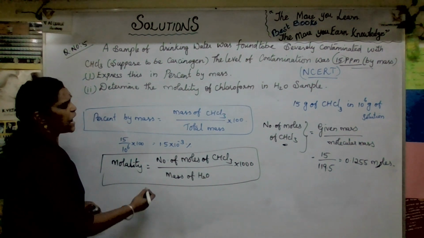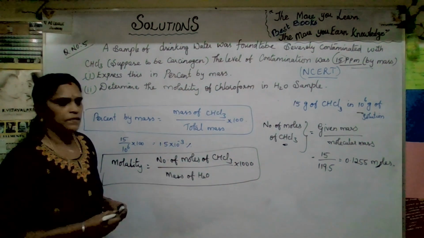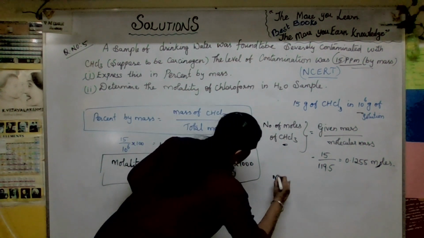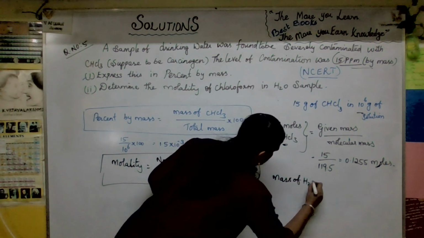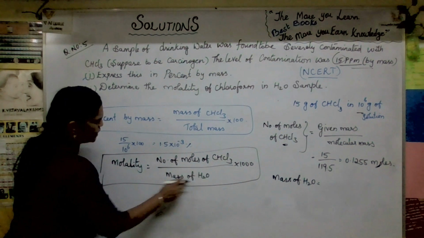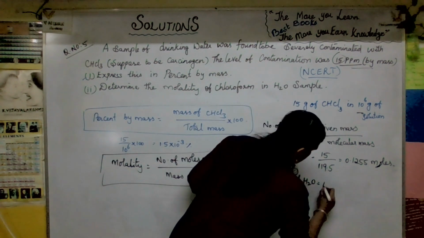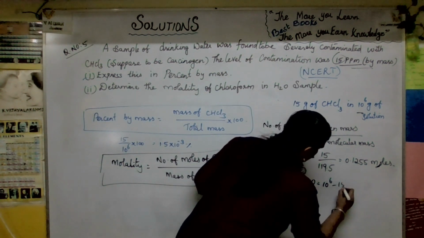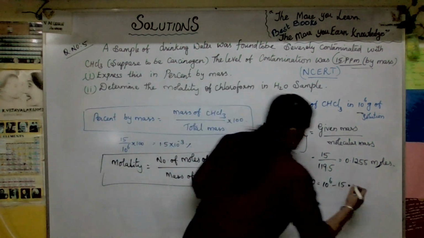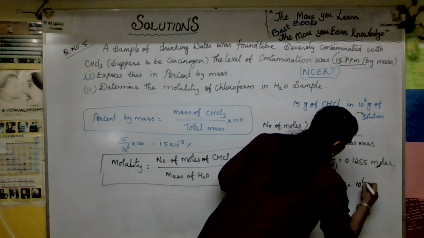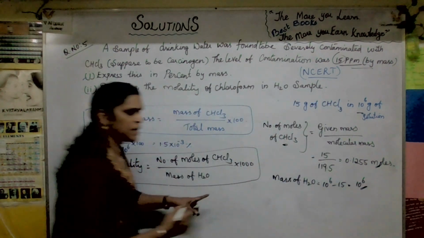Okay, now you can apply the value here. Mass of water, we have to find out now. So this is 10 to the power of 6 minus 15, right? Okay, mass of water, that means here we can take 10 to the power of 6 only because approximately we can take.